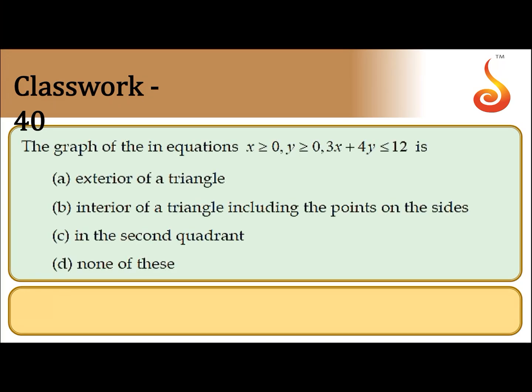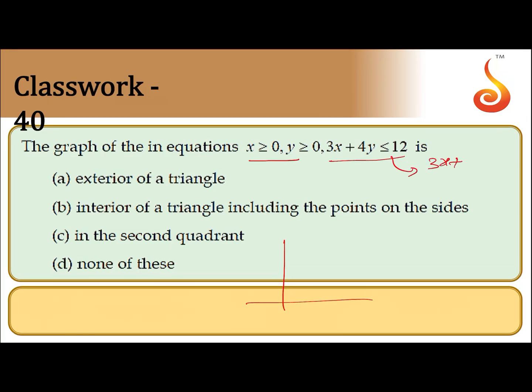Next, the graph. A few points related to linear inequalities also. Let me take up the graph of the function x greater than or equal to 0, y greater than or equal to 0, and 3x plus 4y less than or equal to 12.